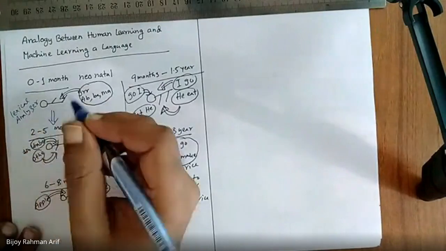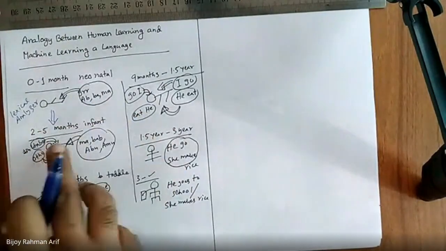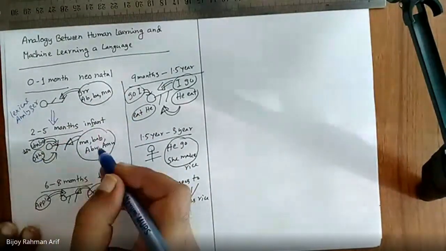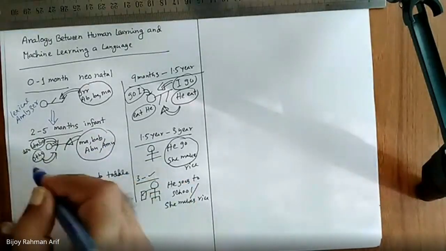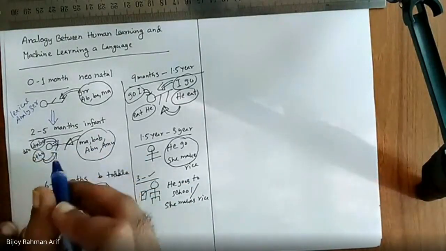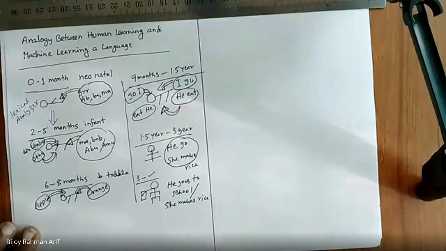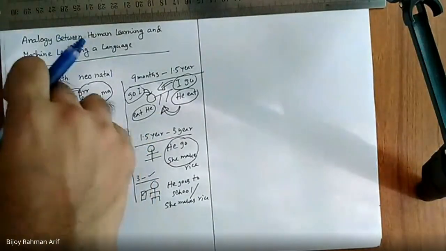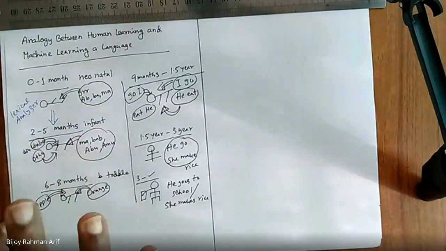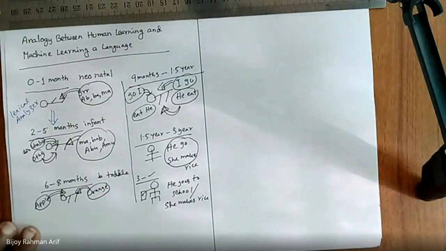After that, when the infant becomes 2 to 5 months, he understands that ma, baba, abu, ammu, ota, khabo, those kinds of things are a single unit of word. The same way, after the lexical analyzer phase, the machine can understand that this is a unit. This is a unit. So we no longer need to study character by character. Now the machine completely understands the unit.